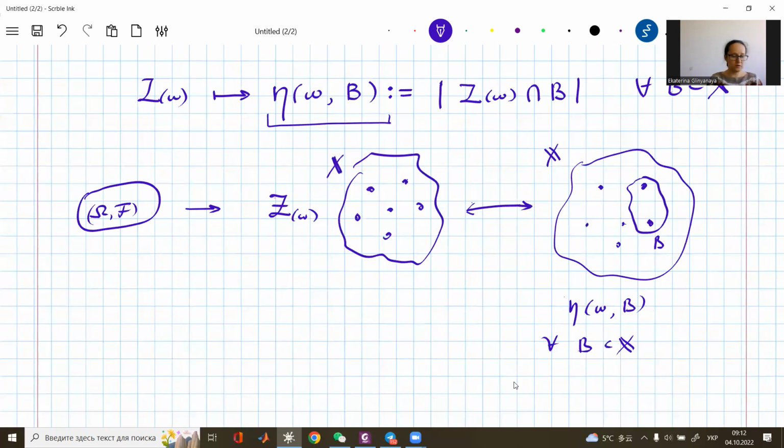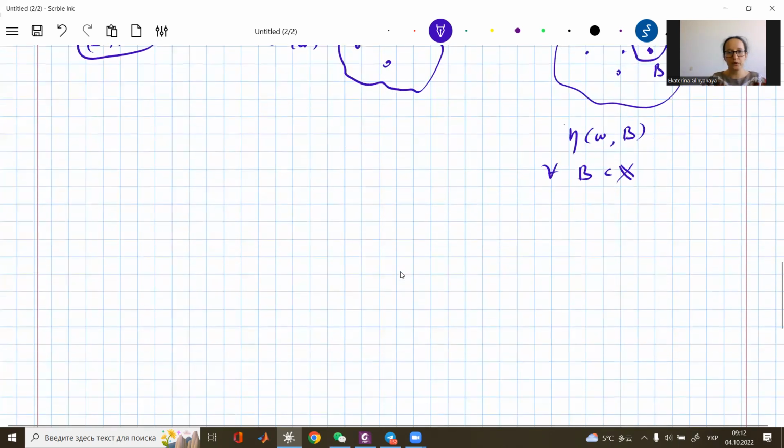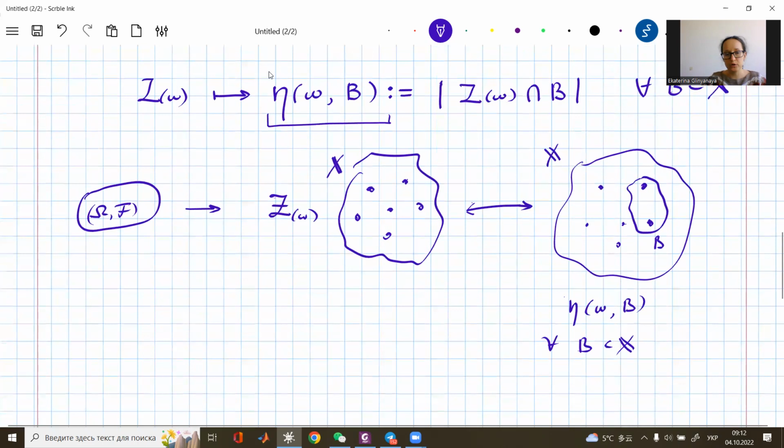So this gives us a very good idea how we can describe a collection of points in the space. So we will not think about a point process as a collection of points in the space, but we will consider a point process as this collection of measures.